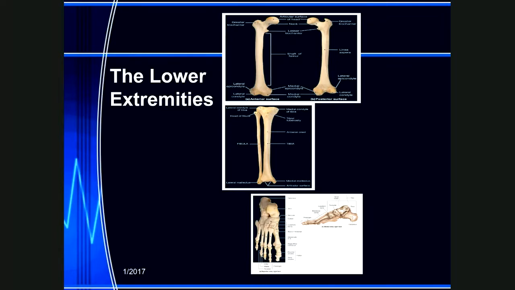The ankle itself consists of the tarsal bones. The foot bones are the metatarsals. The calcaneus, C-A-L-C-A-N-E-U-S, is the heel bone itself, and the phalanges are the toes.